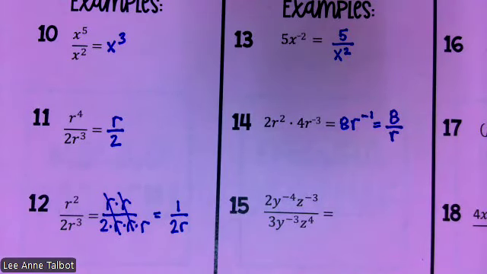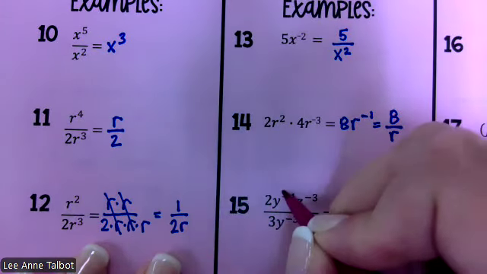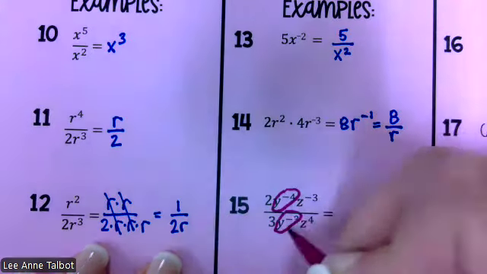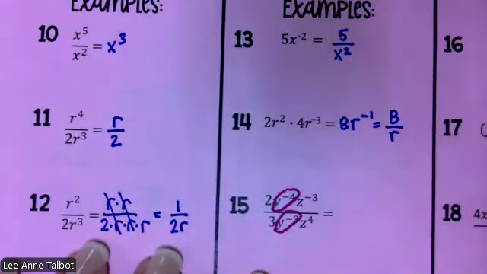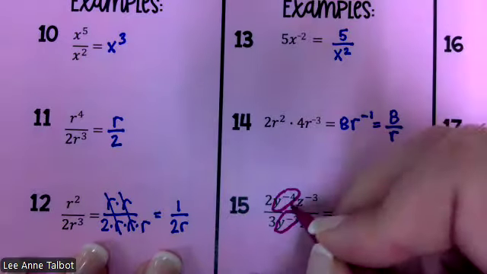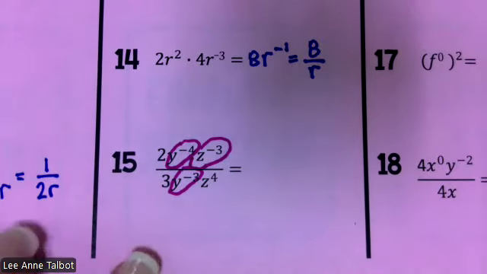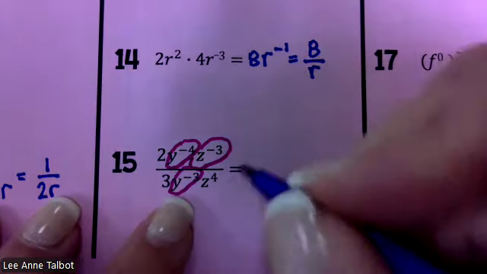Okay, now number 15, I like to do this a little bit different way. This one's a little spicy. I'm going to come through with a pen and identify those 3, there's 3 things that have negative exponents. I'm going to circle the things that have negative exponents.